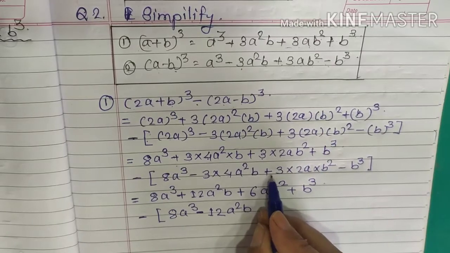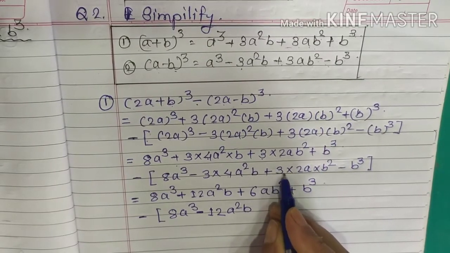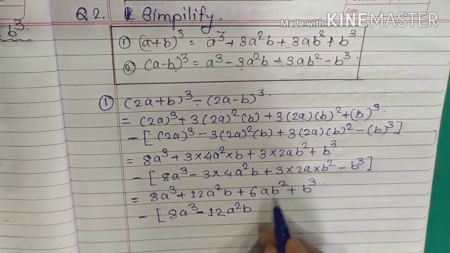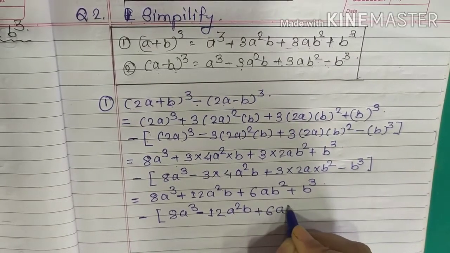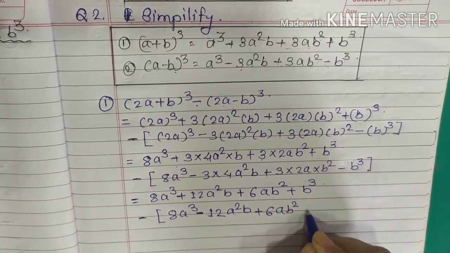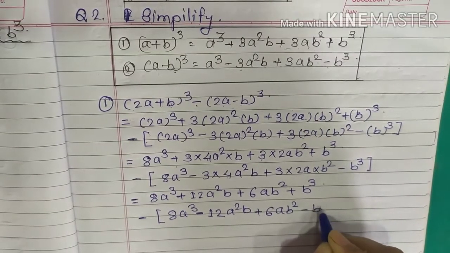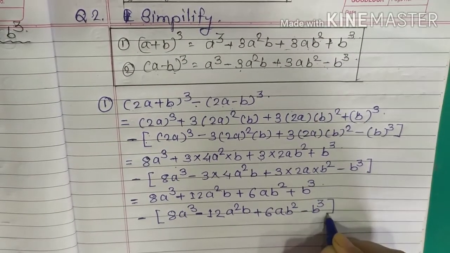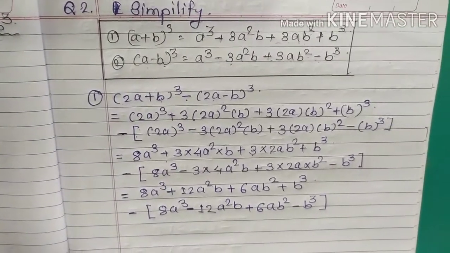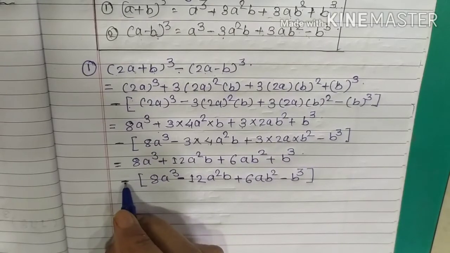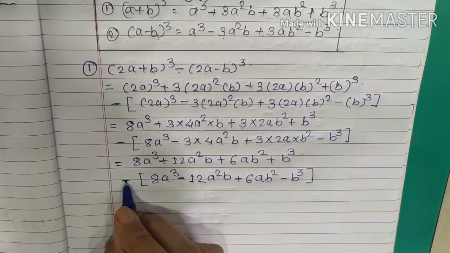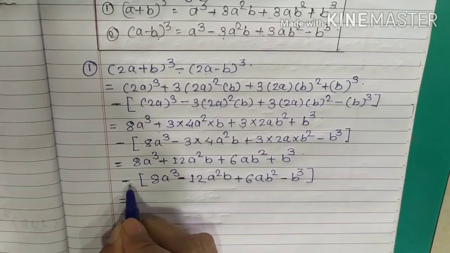Next, plus 3 into 2, 6ab square, minus b cube. Again, we solve this bracket. This minus sign is outside the bracket.